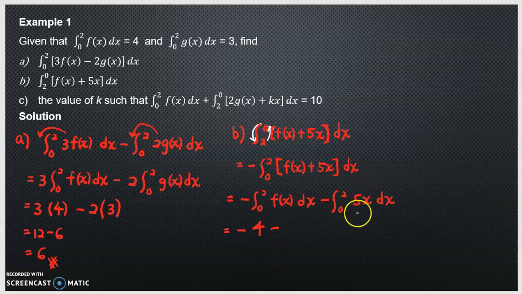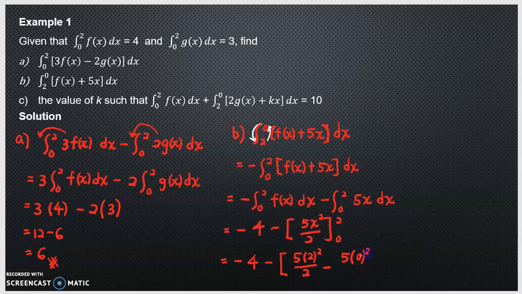So what we need to do is we need to integrate. So integrate 5x, I should get 5x squared over 2 from 0 to 2. So here we need to integrate. Next, I'm going to substitute the value. So 5 times 2 squared over 2 minus 5 times 0 squared over 2.